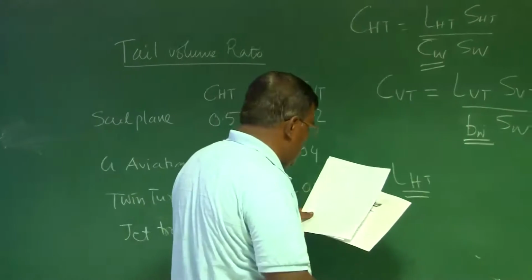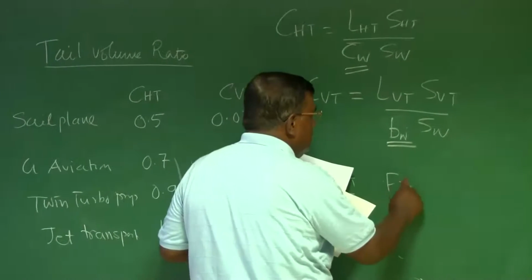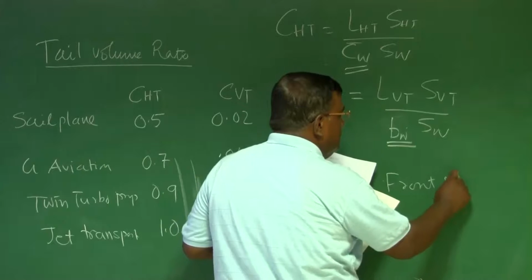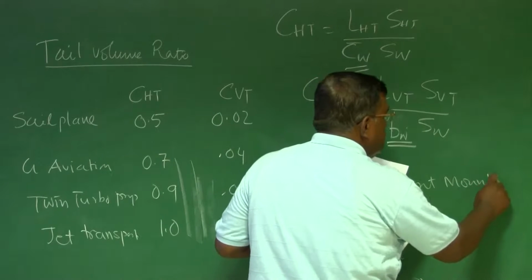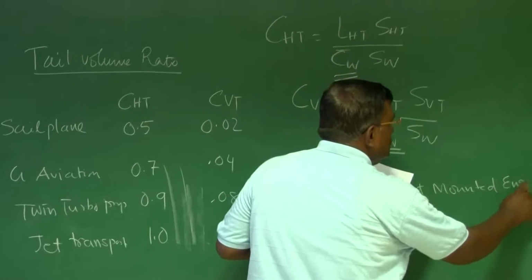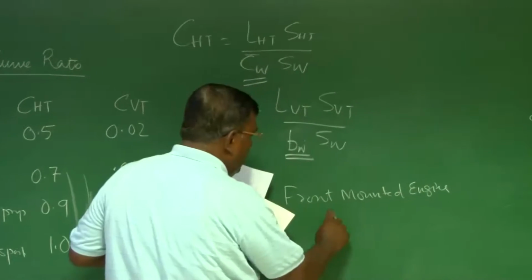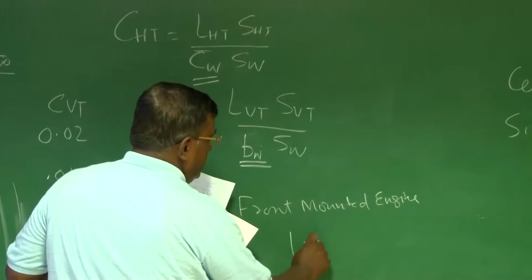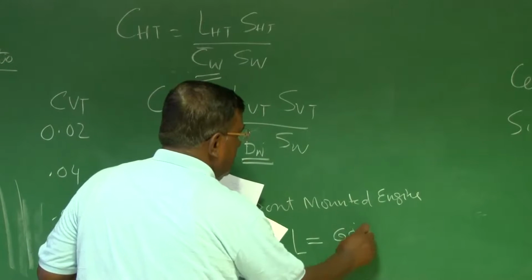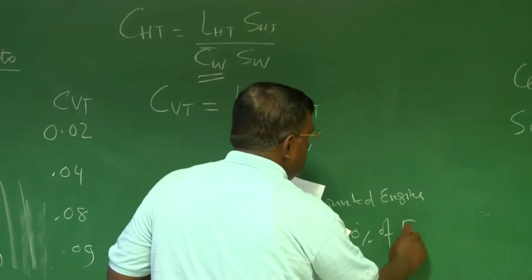As a guideline for LHT, for a front mounted engine, L you can take as 60% of fuselage length.